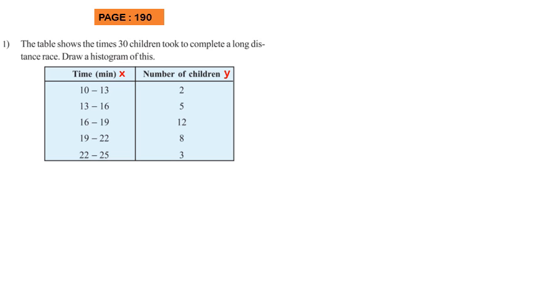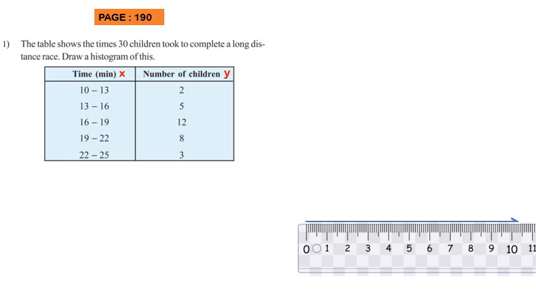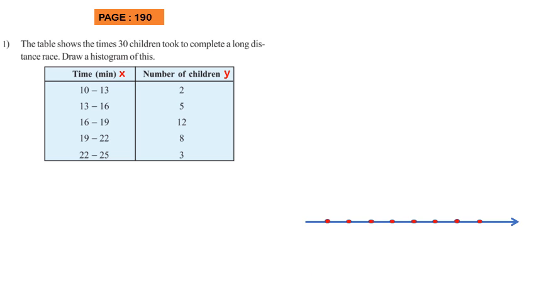Let's start drawing histogram. First draw a horizontal line and mark dots 1 cm apart like this. This line is called x-axis. So let us denote classes along the x-axis. Let us start with 0.